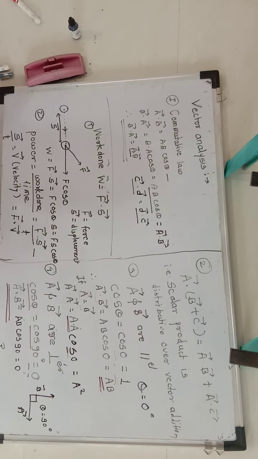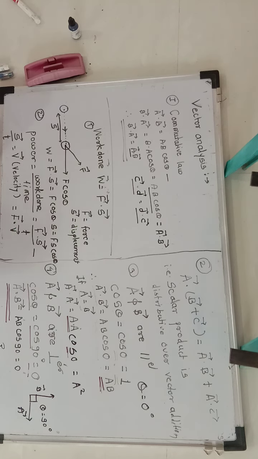So if a bar and b bar are perpendicular to each other, the dot product between the two vectors is equal to 0. In other words, if the dot product of two vectors is 0, it means that these two vectors are perpendicular to each other.